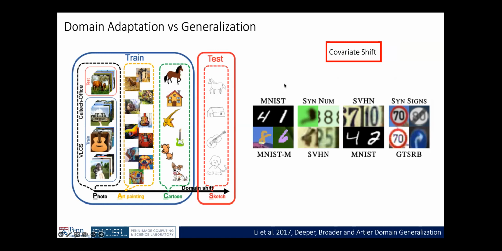So that's domain adaptation, that there is some knowledge given about your unseen domain. Generalization is pretty much similar, but at the time of training, you have absolutely zero knowledge about what is going to be there in the test data set, right?